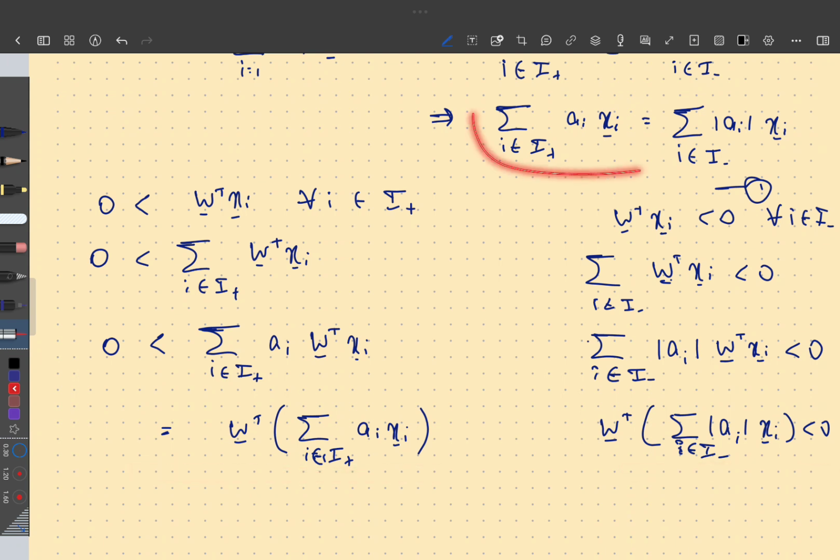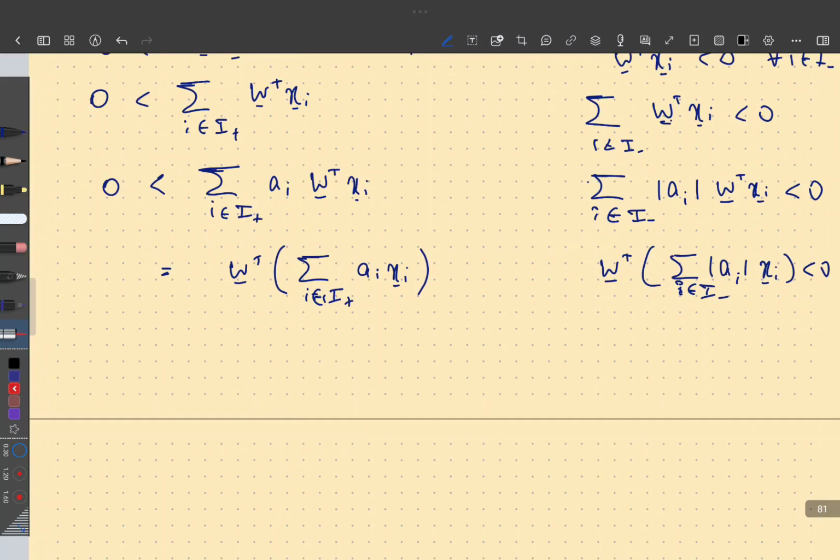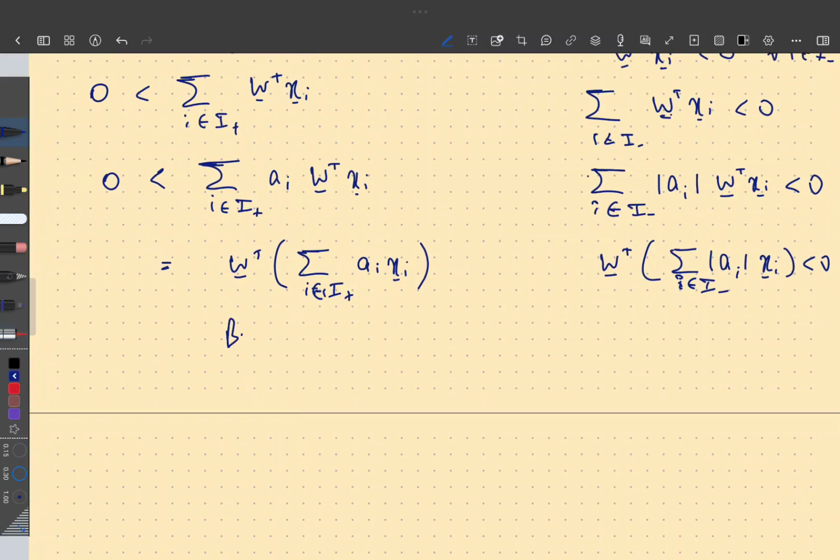But we know from equation 1 that these two quantities are exactly the same, which gives a contradiction, because one of them should be strictly positive and the other strictly negative. So this is a contradiction.